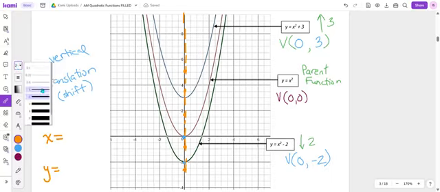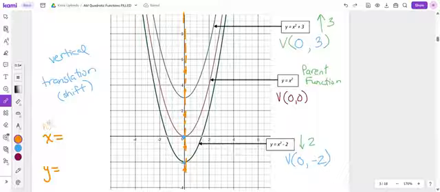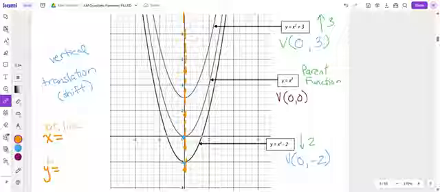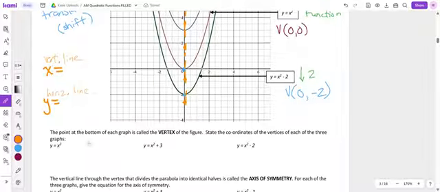So for a vertical line, the equation is x equals, and for a horizontal line it's y equals. You don't have to write this, but it's a good review of how to write the equation of a vertical and horizontal line, so I would add it in, sort of like a side note. And then it's like, oh yeah, the axis of symmetry is a vertical line.